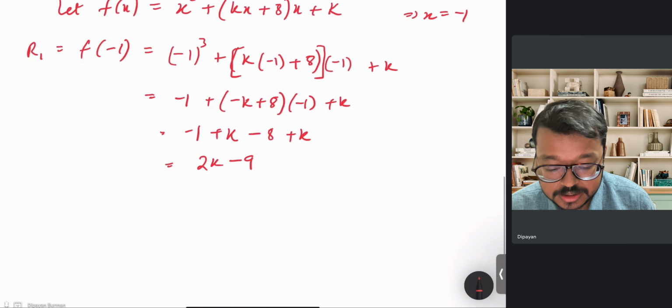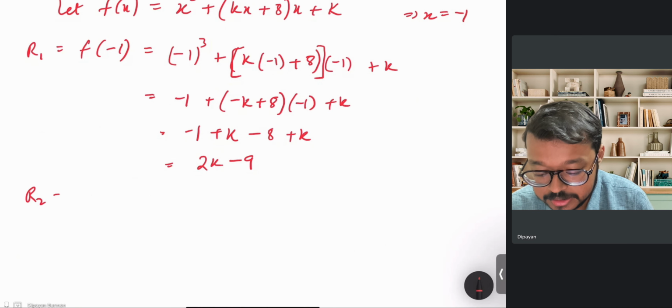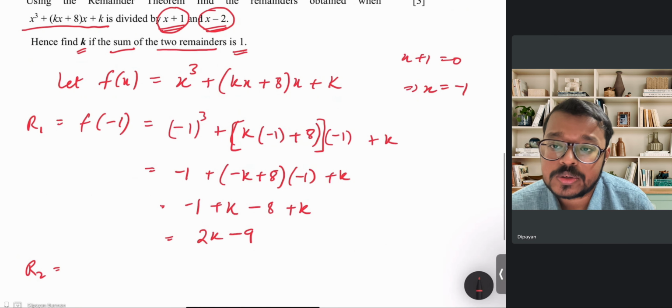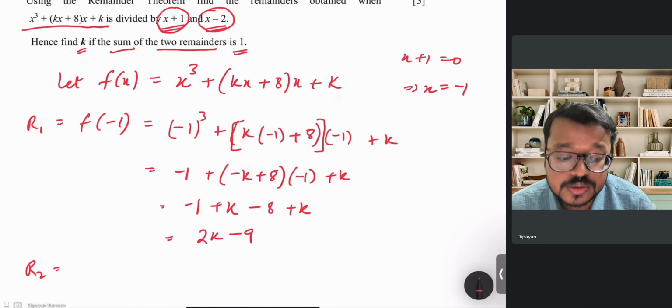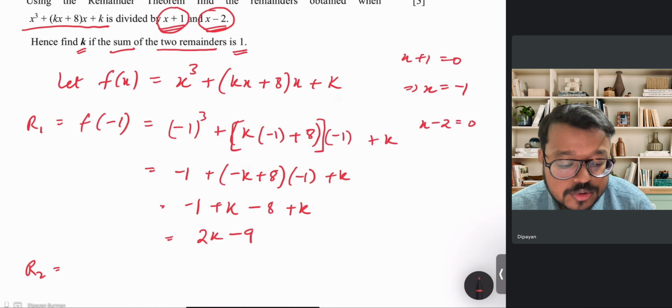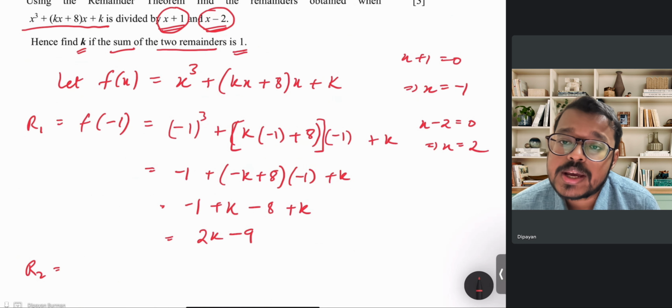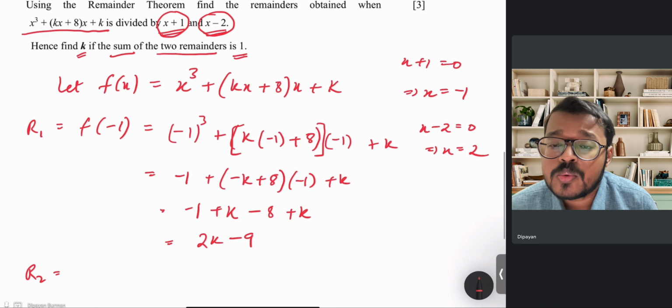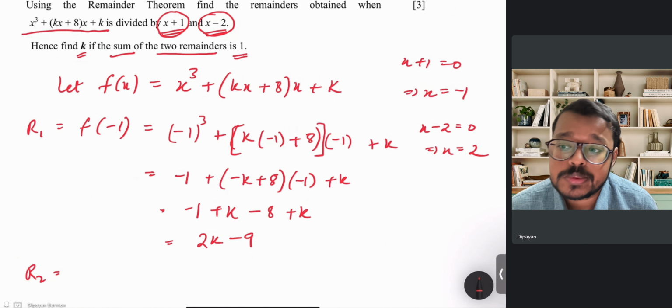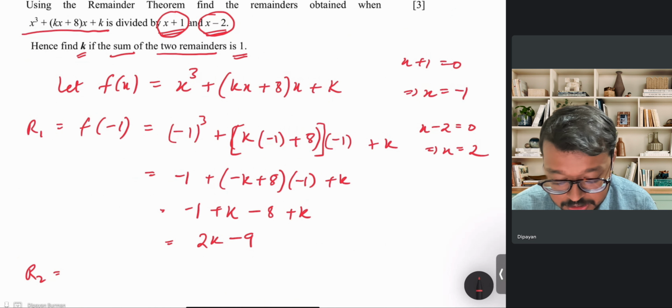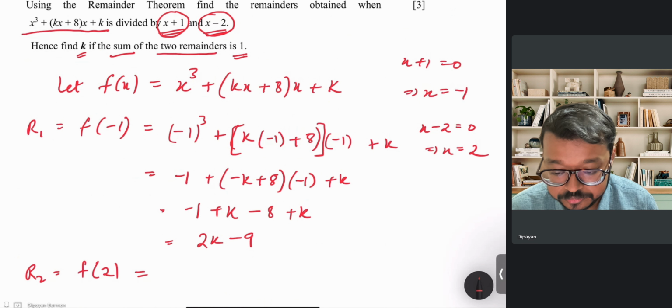Then let's look at the next one, the second remainder when we are dividing the polynomial f of x with x minus 2. Now if x minus 2 is supposed to be 0, that means x equal to 2. So when I'm dividing the polynomial with x minus 2, if I substitute x equal to 2 in the dividend, that's going to be the remainder. So the second remainder is f of 2. So now let's evaluate the polynomial when x equals to 2.